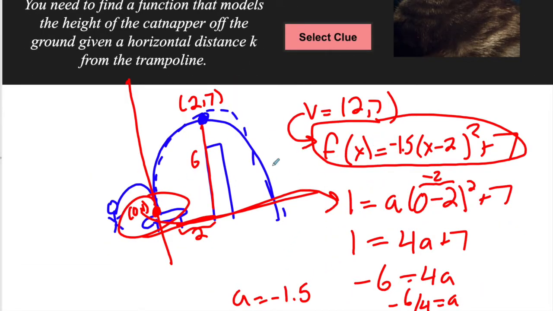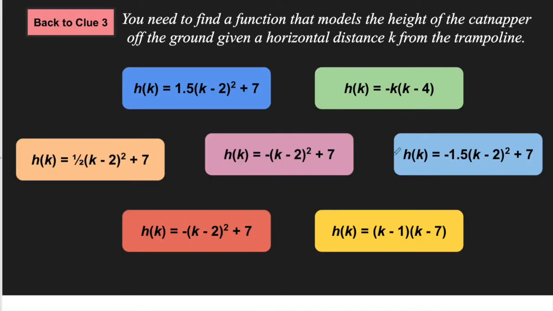But in the end you have to know that you're looking for negative 1.5 times k minus 2 squared plus 7. All right. So please make sure you understand how I broke down this problem and analyzed it. And then in a moment, we will move on to the next problem.